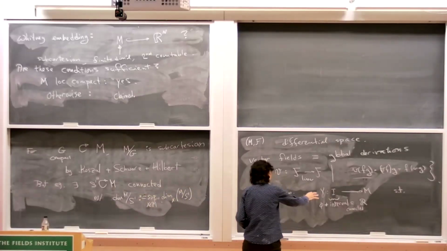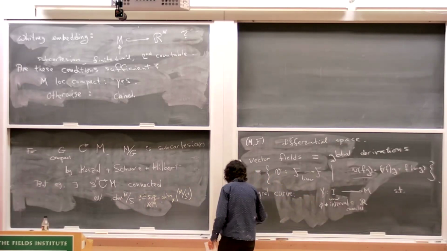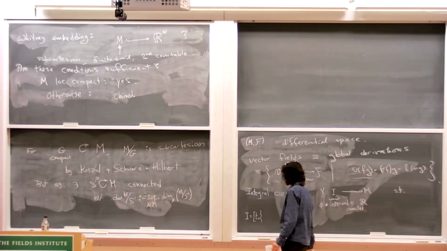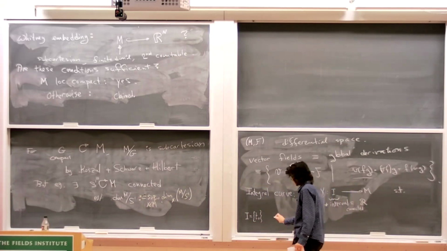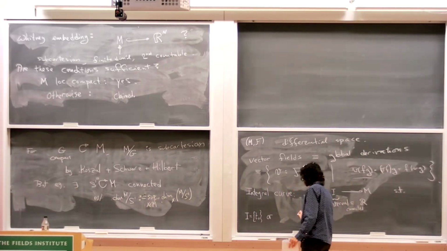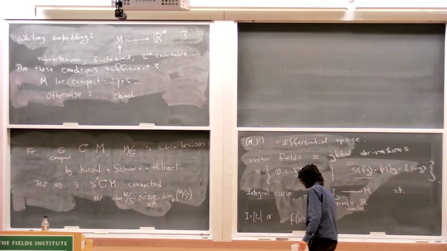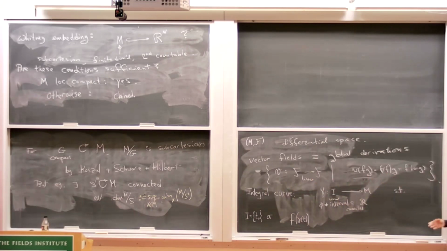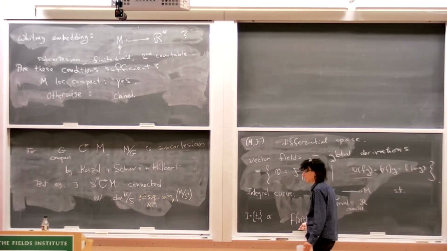Now there are two possibilities. Either I is a singleton, then we declare that an integral curve. Or if I is not a singleton, then you can evaluate the function along your curve. And this is now a real valued function on a non-degenerate interval, possibly with some endpoints. So you can ask, is this or is this not differentiable?